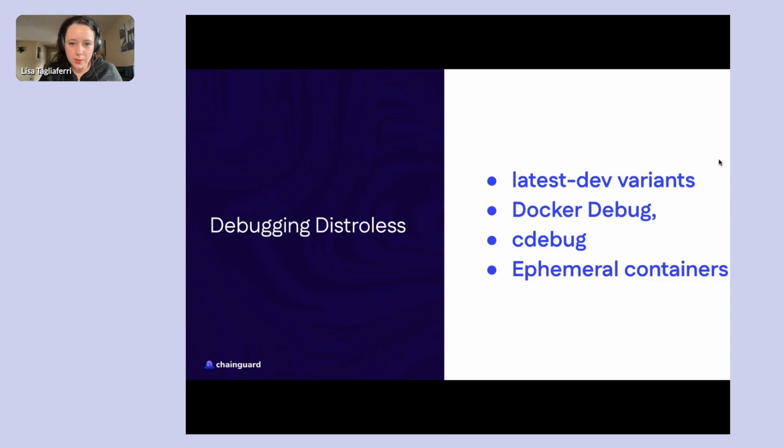And for debugging distroless, I could share a tutorial, but here are some pointers to start with. There are latest dev variants that you could use to debug. There is Docker debug, cdebug, and ephemeral containers. And we do have some guidance about this. We have a troubleshooting section of Chainguard Academy, but here's a quick tutorial if you're interested.